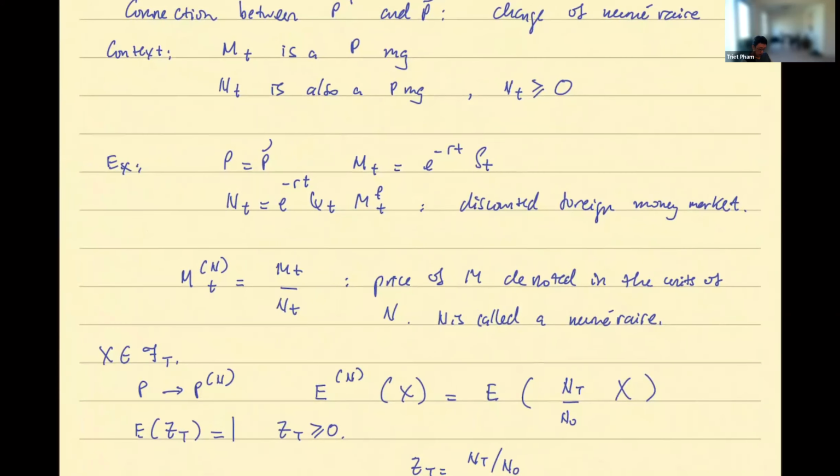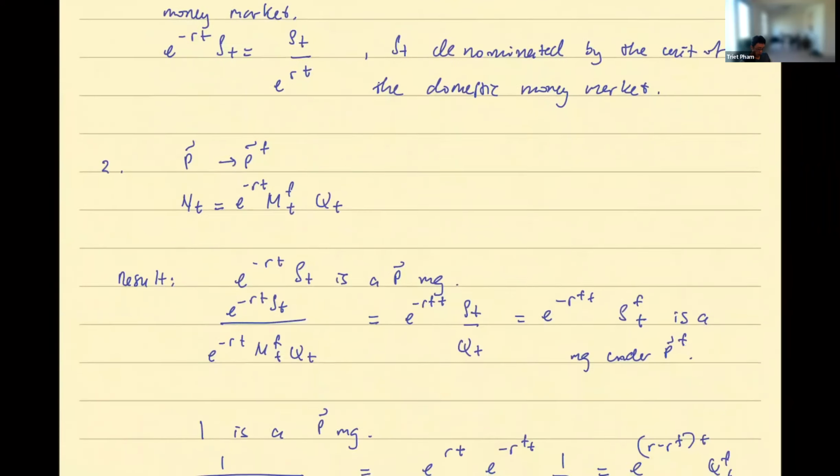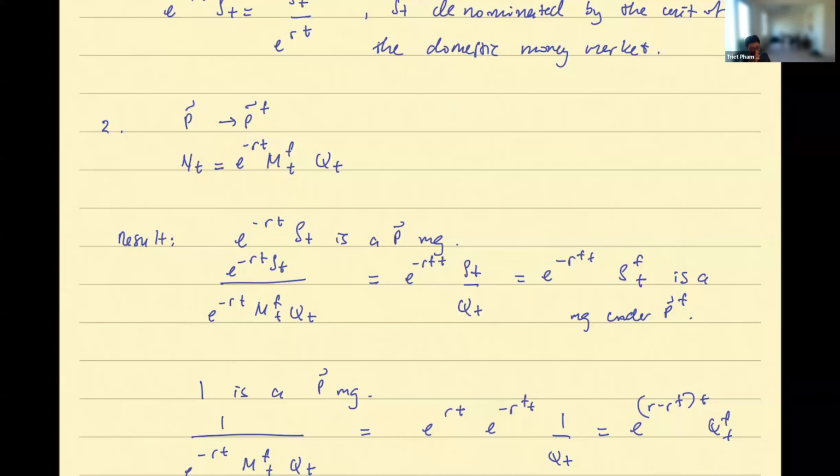You could say this is a P martingale. Then you have to include the discounting inside the conversion. So it gets a little bit tedious in some way. So here I decide to just make the numeraire a martingale, which is different from the way the notes are presented. So it's up to you. The difference is only whether you include a discount term or not in the martingale in the numeraire, but it's up to you.